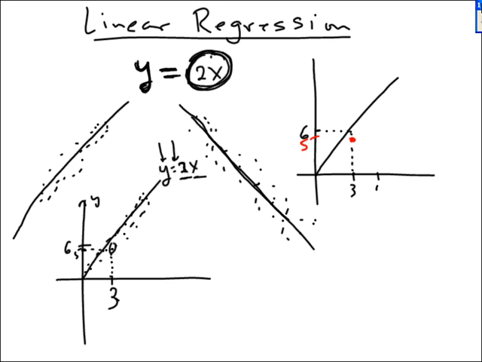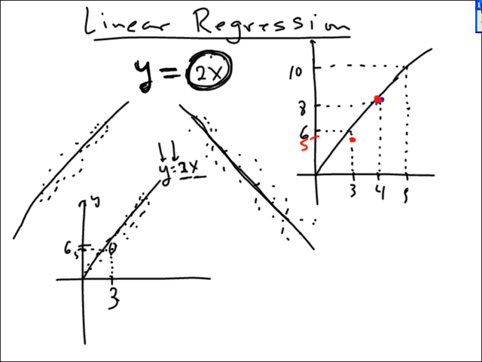When x is 4, the y value should be 2 times 4 or 8. It might actually be this time that when x was 4, y really was 8. You might have data when x is 5. Our line is going to say that when x is 5, we're going to approximate y with 10.